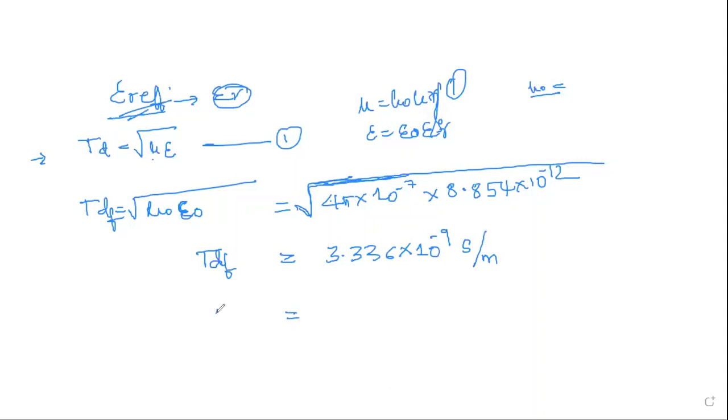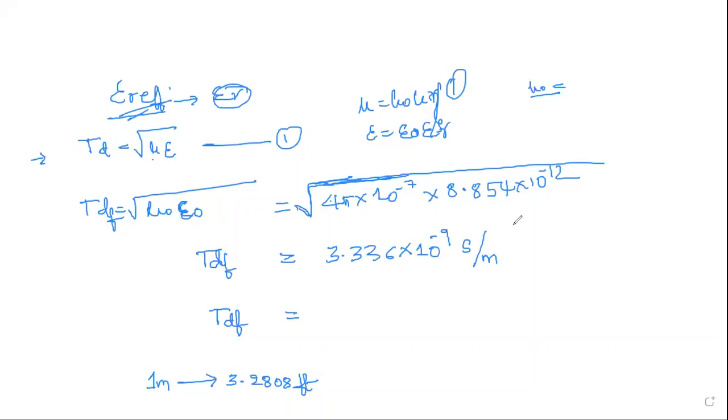I need to convert this delay time in terms of feet. What is 1 meter in terms of feet? It is actually 3.2808 feet.